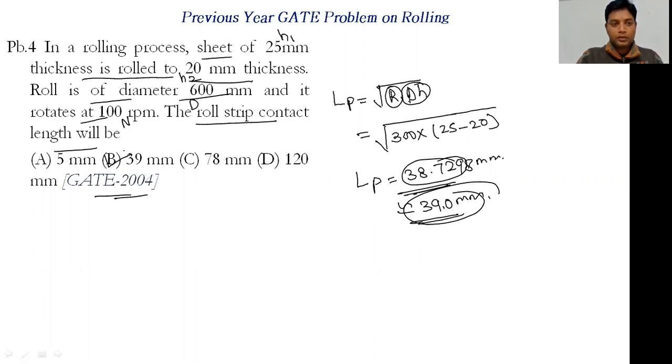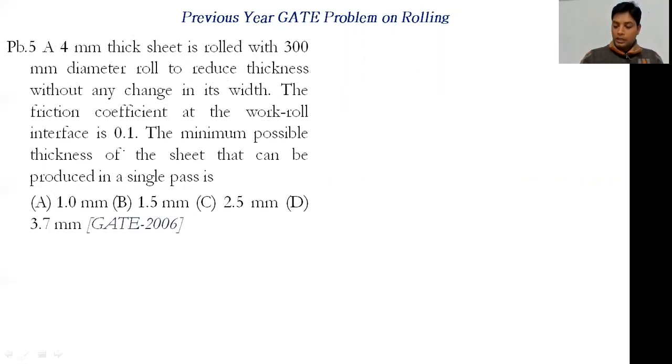Let's move to the next one. This problem was asked in GATE 2006. Initially a 4 mm thick sheet is rolled with a 300 mm diameter roll, which means initial H1 is given to you and the diameter is 300 mm, to reduce the thickness without any change in its width. So this assumption is given to you, that the width B is constant, and the friction coefficient at the work roll interface, that is mu, is 0.10.